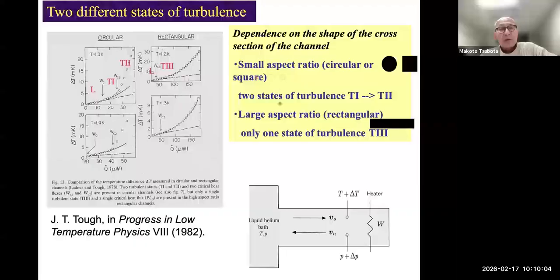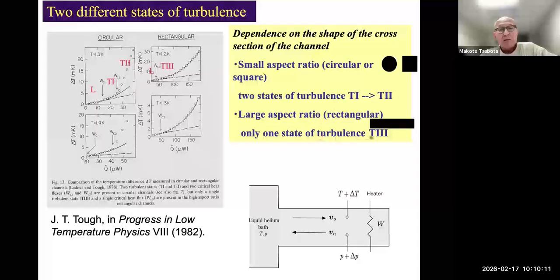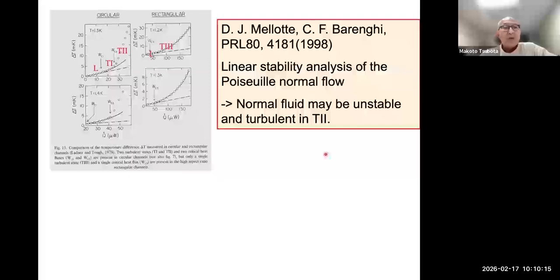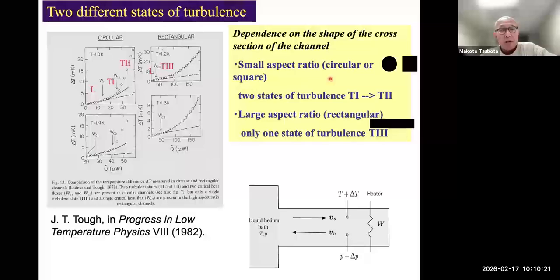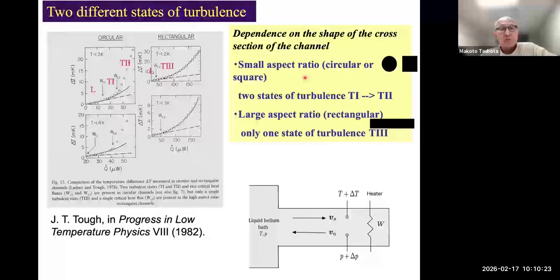In the case of large aspect ratio channels, like rectangular channels, only one state of turbulence, T3, was allowed. This turbulence transition is still a great mystery. We don't know why such a transition depends on the aspect ratio of the channels.